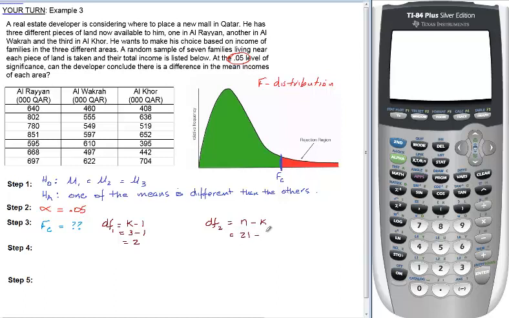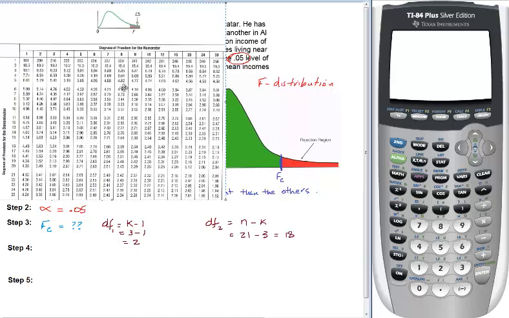And 21 subtract the number of categories, 3, will give us a degrees of freedom of 18 for the denominator, because it's often referred to as an F ratio. Okay. Now, so let's go find that. How do we find that? Well, that's found in a chart in the back of your textbook or on most statistics websites. Okay, so here's one example right here.